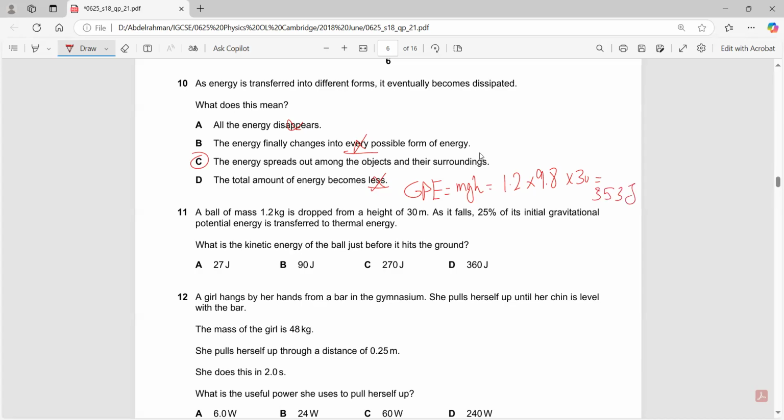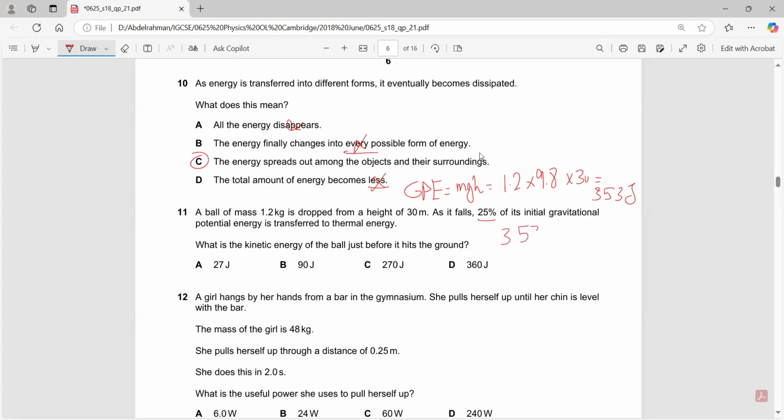So the total initial energy was around 360 joules. As it falls down, it loses 25% of its initial gravitational potential energy. So you have 75% remaining. 75% of the initial gravitational potential energy is remaining, which has transferred into kinetic energy.